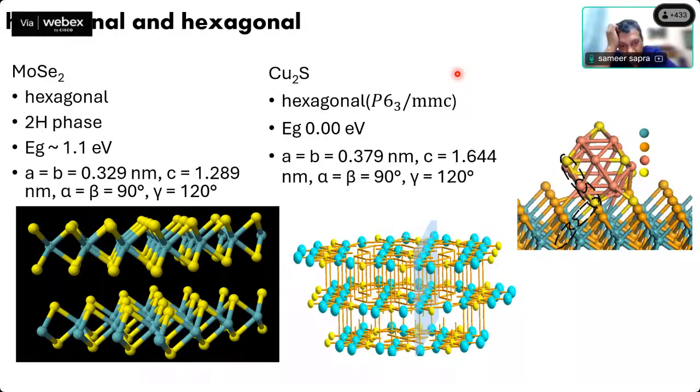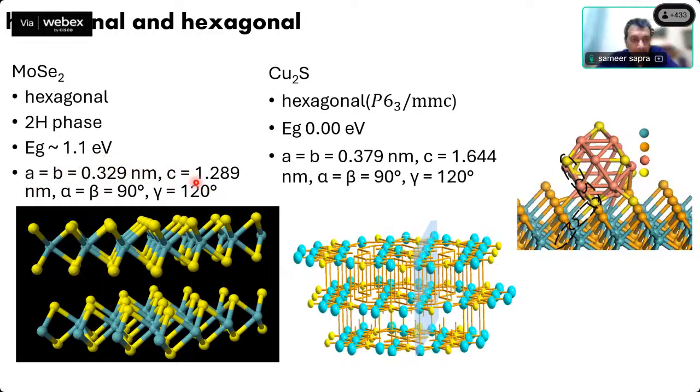these transition metal dichalcogenides and make some heterostructures." So he said, "Fine, molybdenum selenide we have, and the first thing, if you want to make a heterostructure, even before you think of a functionality, what you have to think of is these a, b, c parameters.